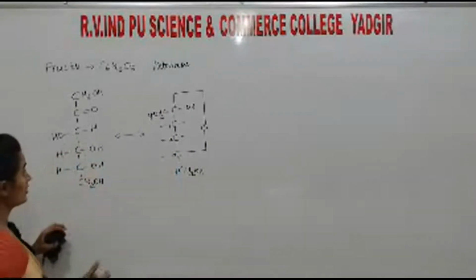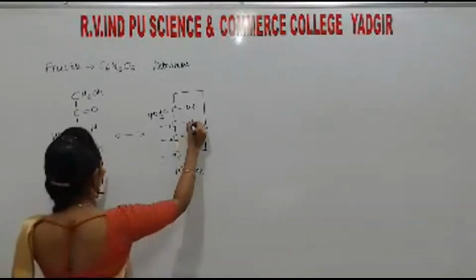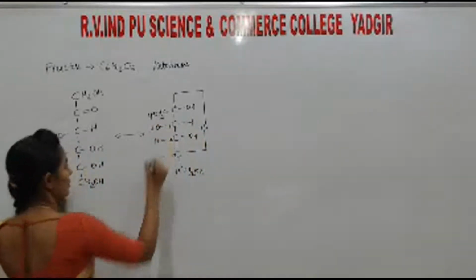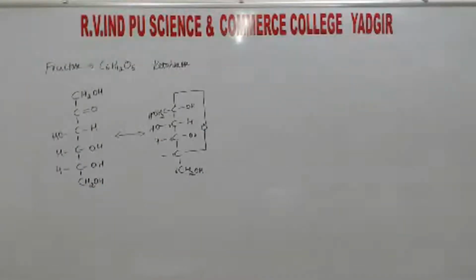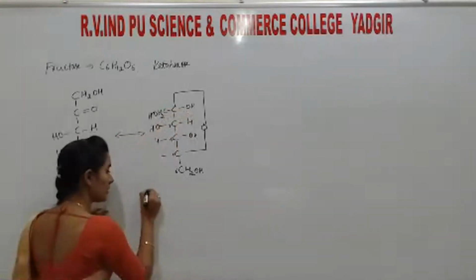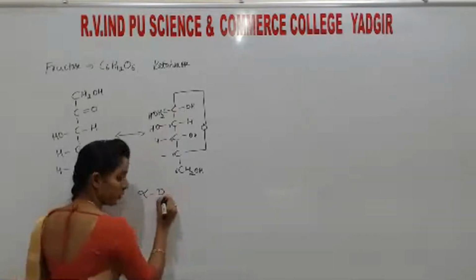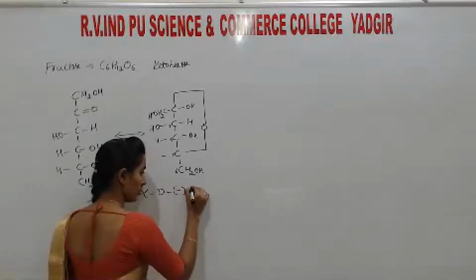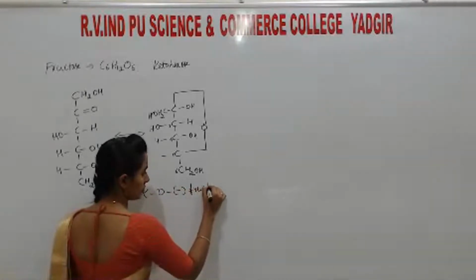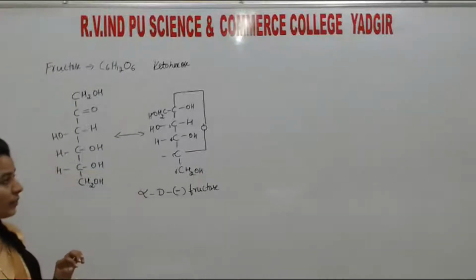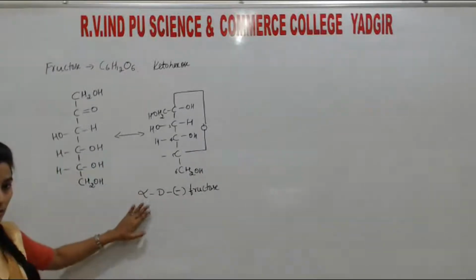The remaining OH is the same: H, OH, this is OH, H, same as it is. Okay. So students, if the OH group is on the right hand side, then it is alpha D minus fructose. Alpha D minus fructose. Remember.